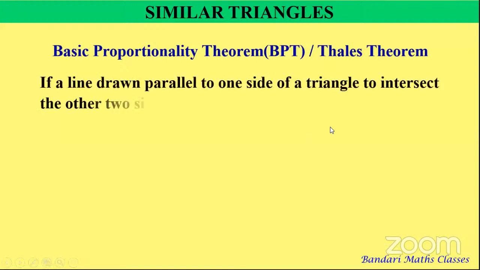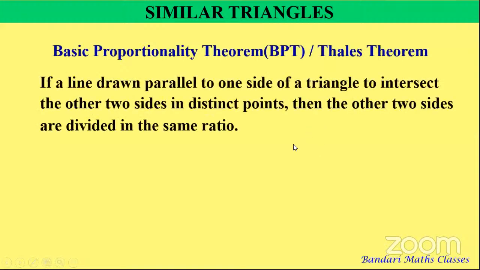Now, what is the theorem? If a line is drawn parallel to one side of a triangle to intersect the other 2 sides in distinct points, then the other 2 sides are divided in the same ratio.